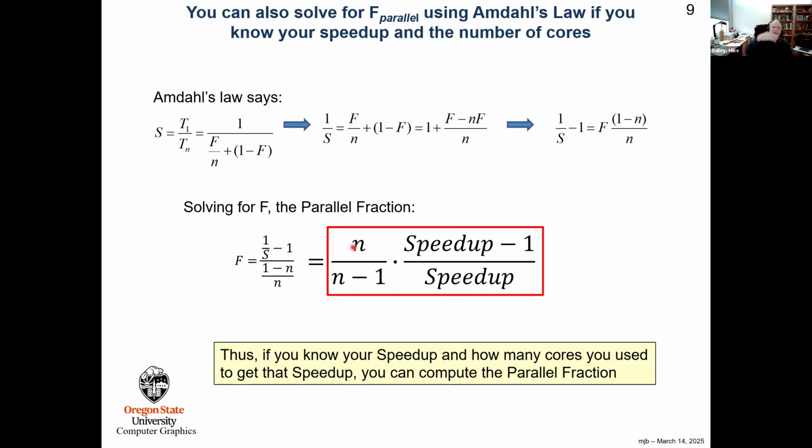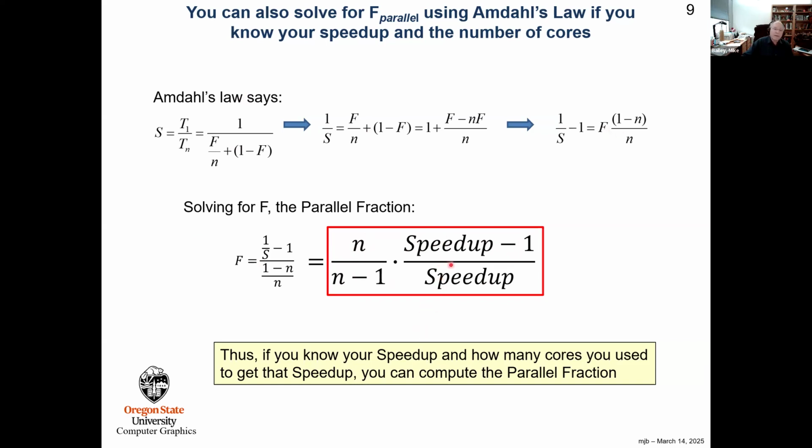It's always 1 to something. It's never like 2 to 4. It's 1 to something. So n would be 8, divided by 7 times the speed up minus 1 over the speed up. That's just what you get from the algebra.